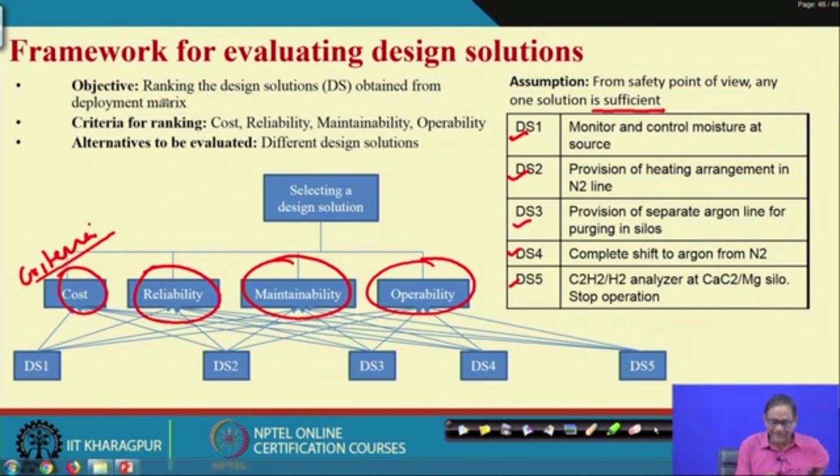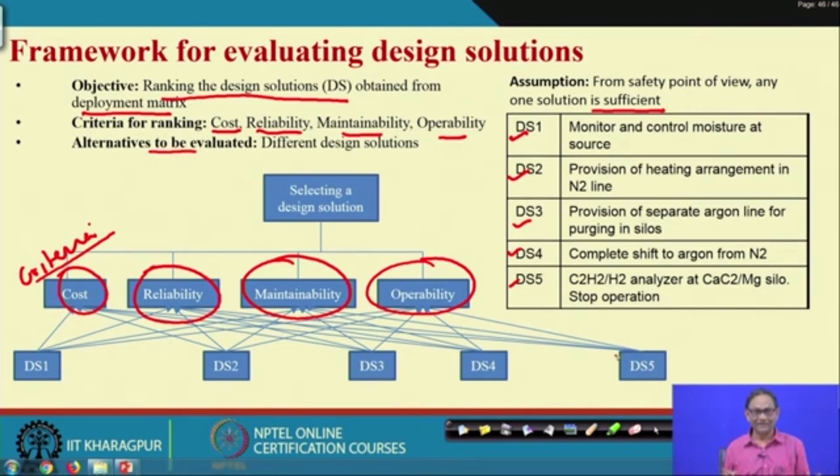Our objective is ranking of design solutions obtained from SFD. What are the criteria we are considering? Cost, reliability, maintainability and operability. I understand that you know what reliability, maintainability and operability are. We have discussed them sometimes, otherwise we will discuss them again. The alternatives to be evaluated are nothing but the different design solutions.